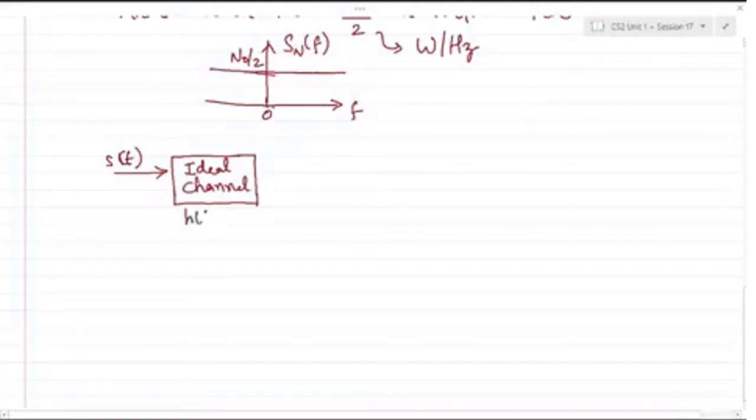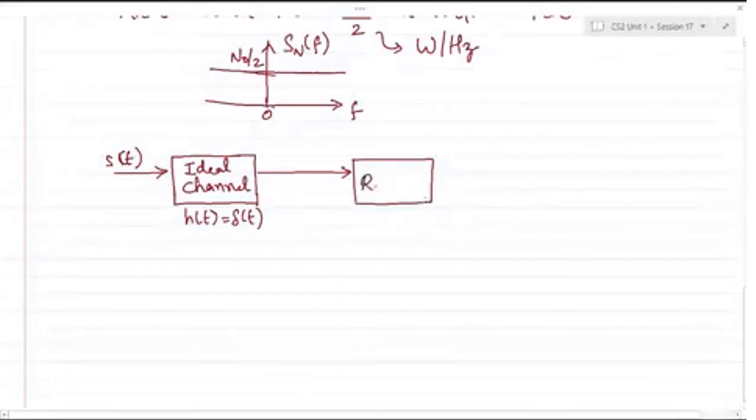Ideal means h(t) is delta(t), in the sense that H(f) is unity. It is received at the receiver, where it also gets added with noise whose power spectral density is N0 by 2.